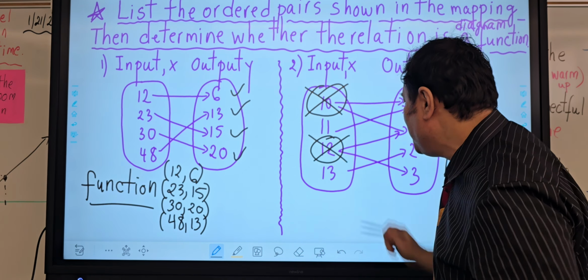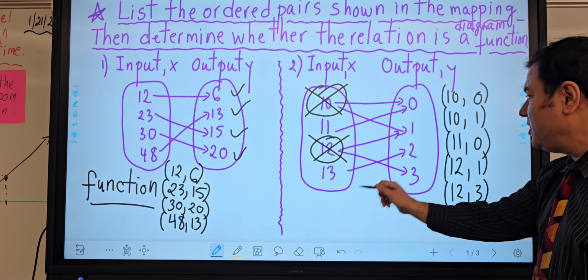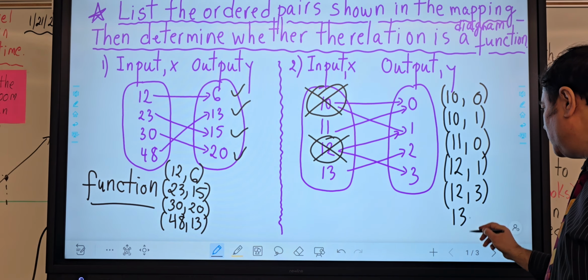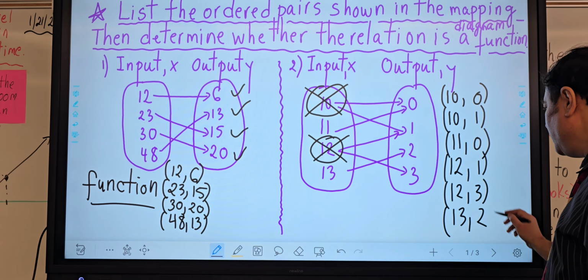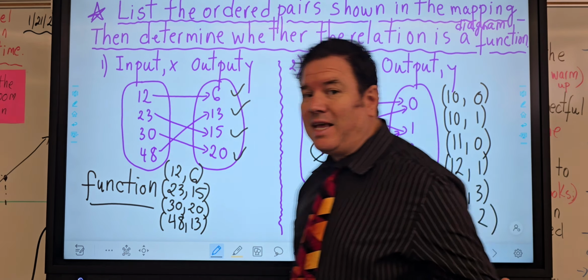So that cannot happen. And then 13 goes to 2. That's okay. But we can say the second relation is not a function because 10 and 12 have two outputs. So not a function.